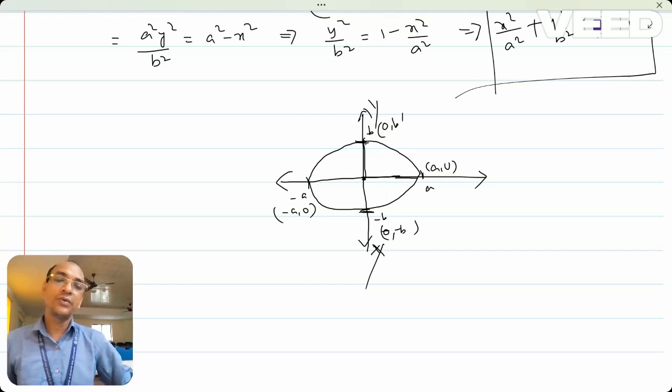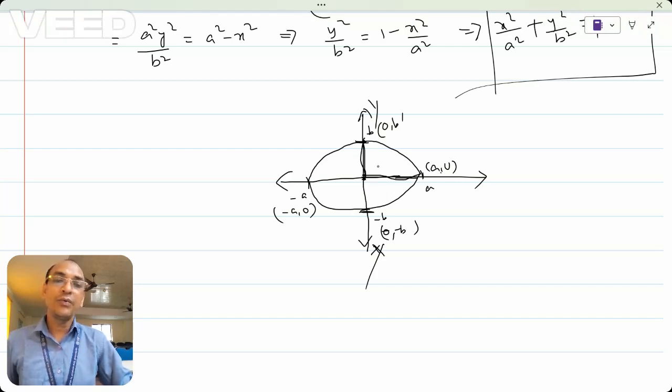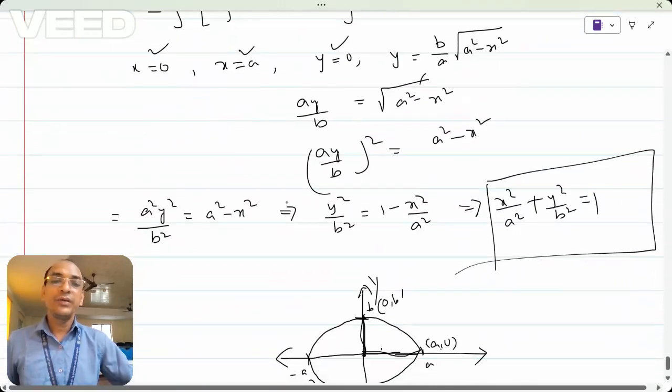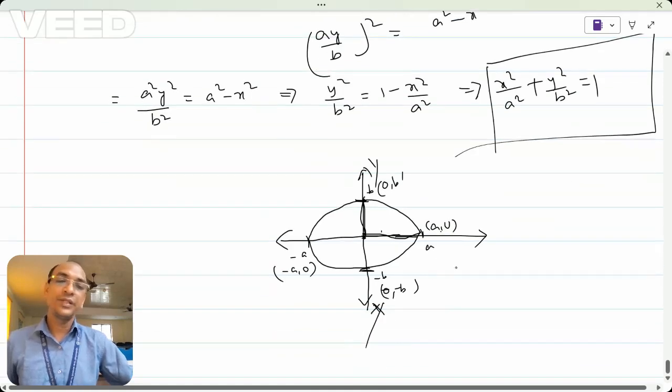Now in the first quadrant, the limit of x is from 0 to a, and the limit of y is from bottom to top: bottom is y equal to 0, top is the curve, as initially given. But now we want to change the order.